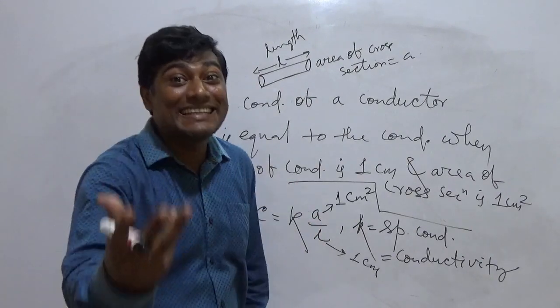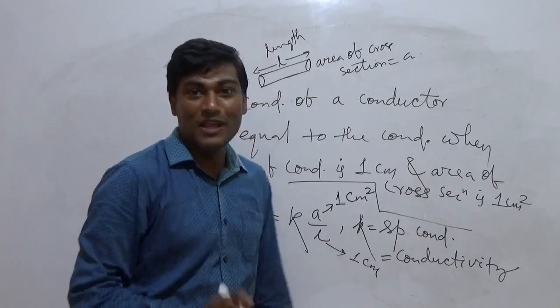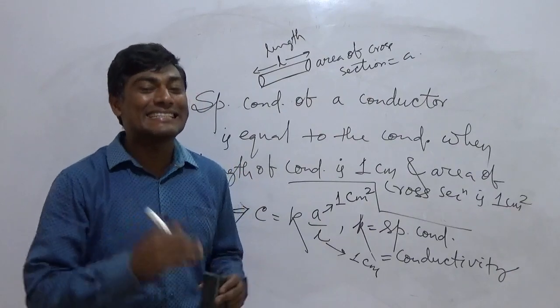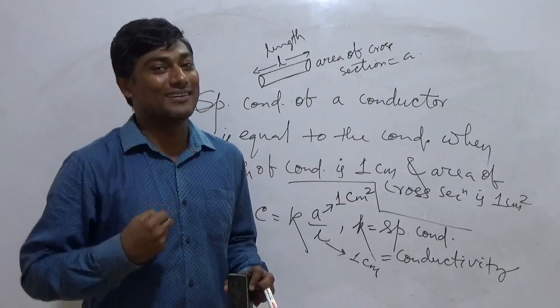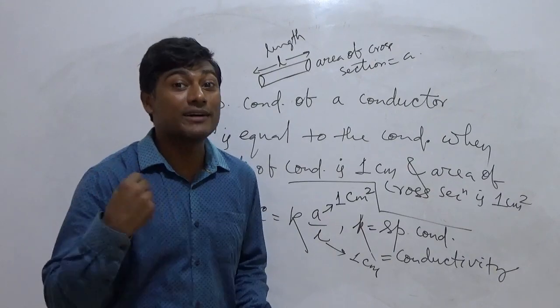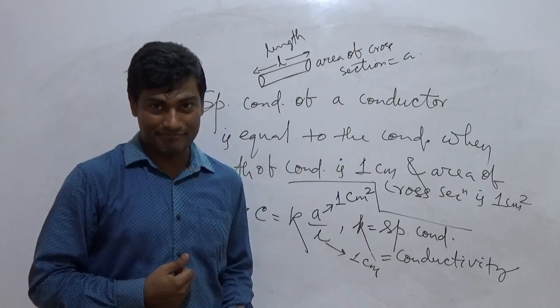The problem is, this is about the conductor. We are not interested in the conductor, we are interested in the solution. How to determine the specific conductance value of the electrolytic solution?